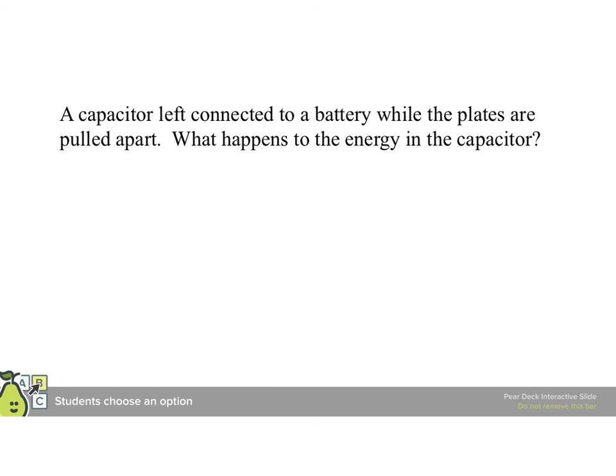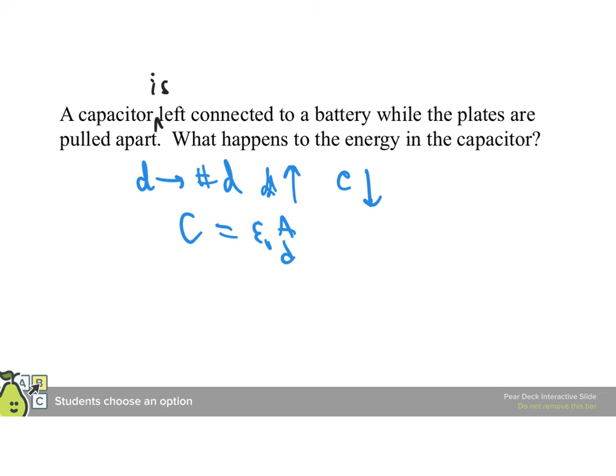A capacitor is left connected to a battery while the plates are pulled apart. What happens to the energy in the capacitor? Well, as we increase the distance to some number times the original distance, then the capacitance, which is epsilon naught A over D, if D goes up, then C goes down.